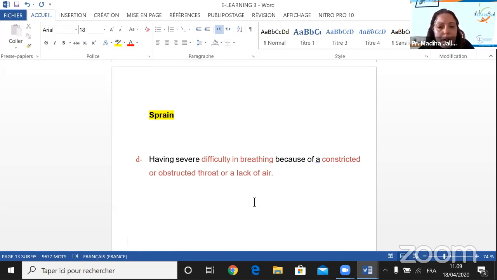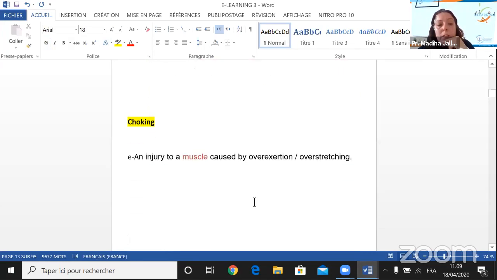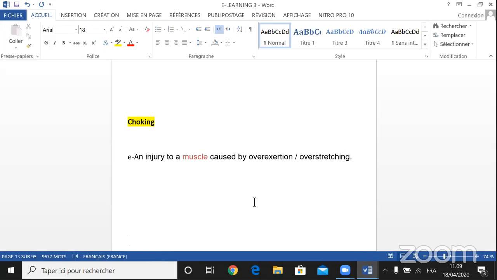Difficulty in breathing? Choking. Good. Choking. So here, there is difficulty in breathing. It can be caused by any object embedded or lodged in the throat. It can be caused by fumes, by smoke. So it is a problem or obstruction of breathing. Choking. Good. The next. Injury to a muscle caused by overexertion or overstretching. It's a muscle strain. Good.